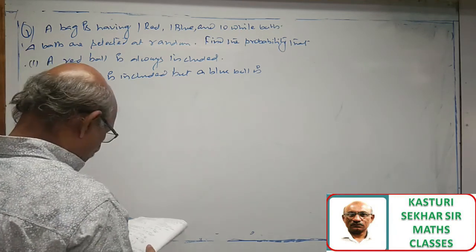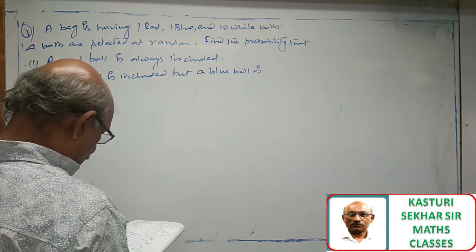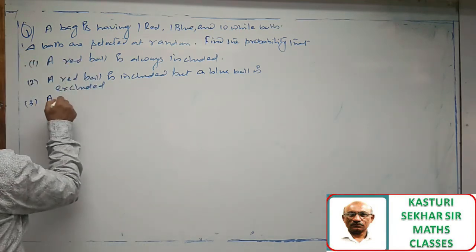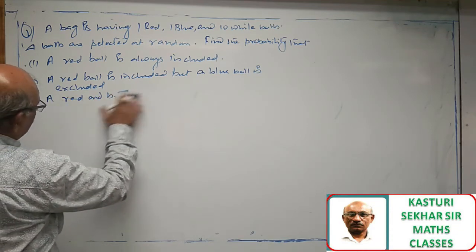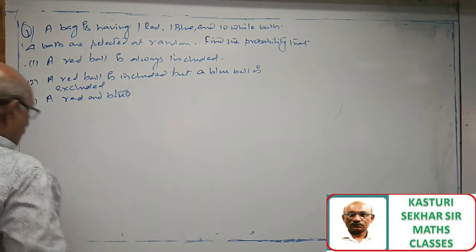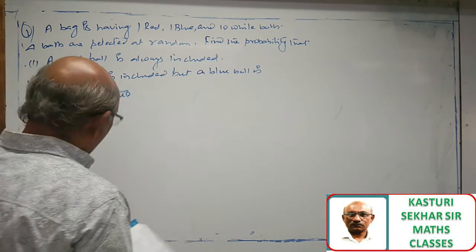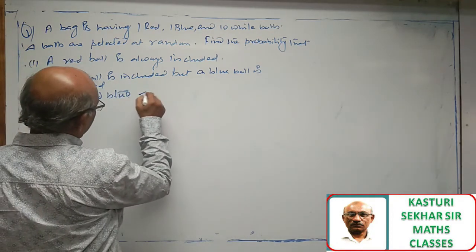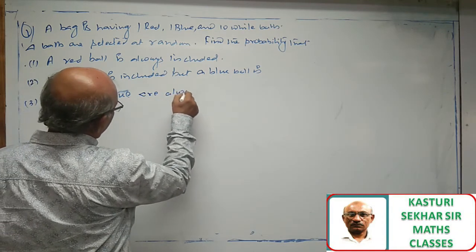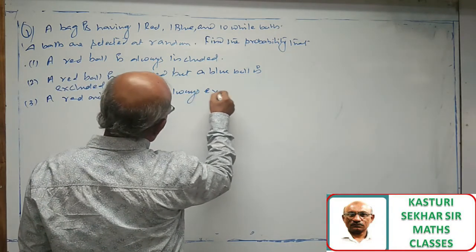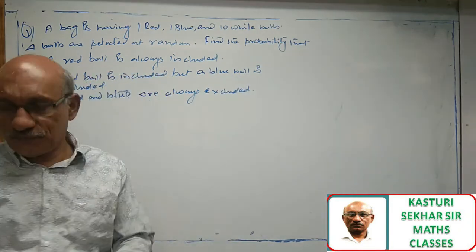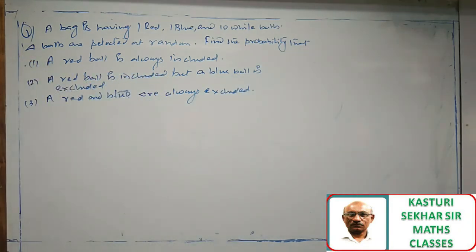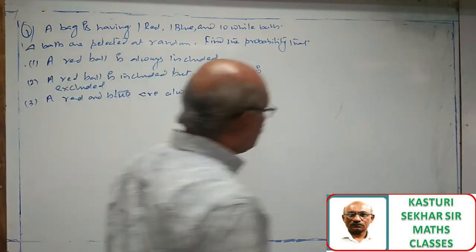Question 3: red and blue balls are always excluded. So these are the three parts I have.